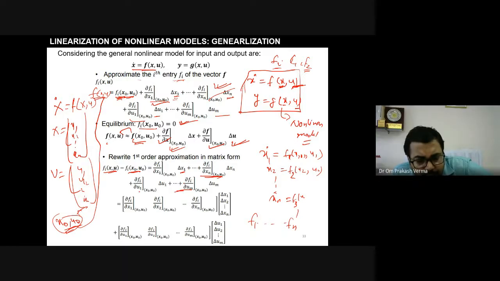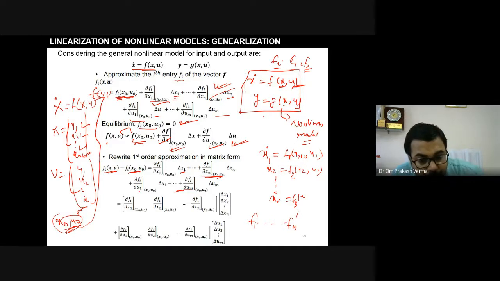Now I told you that for x1 you took derivatives up to the higher terms: delta f over delta x1, delta squared f over delta 2x squared, and so on, higher derivatives of x1. Now if this x is a vector consisting of x1, x2, x3, up to xn, then we have to take the first derivative with respect to all of these x1, x2, x3, xn, and in a similar way u1, u2, u3, un.